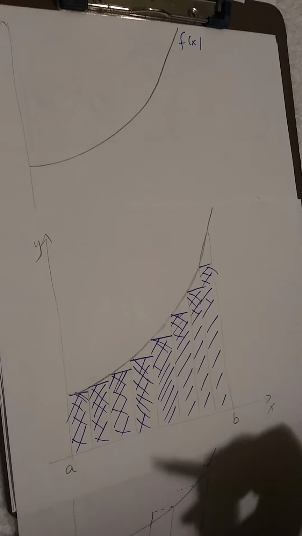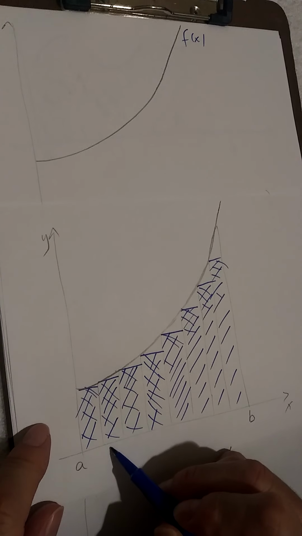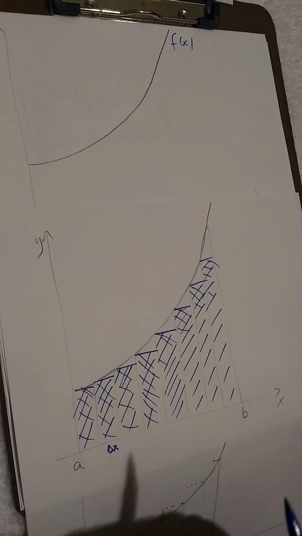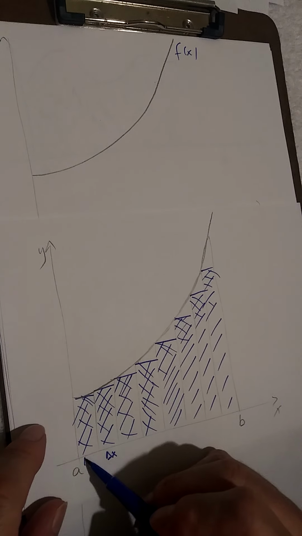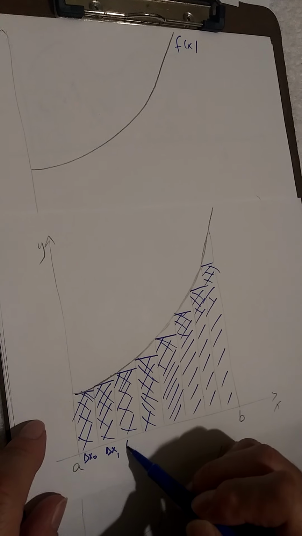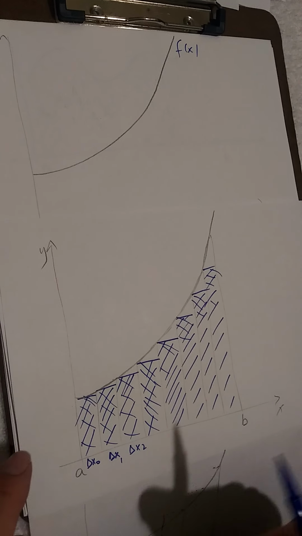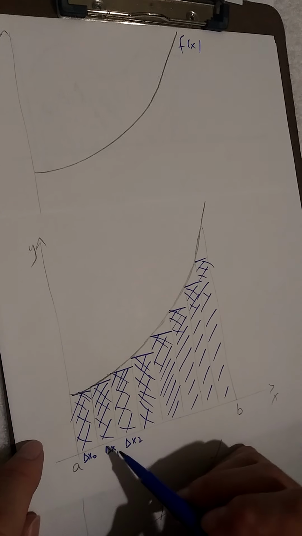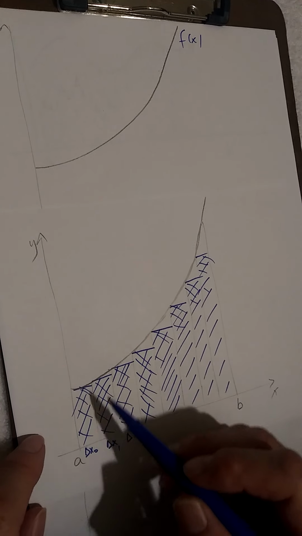Okay, the width of each of these slices is delta x with a subscript. So it could be delta x1, delta x2, delta x0, etc. So one way to approximate the area is, we already know the width. Now we need to figure out the height.